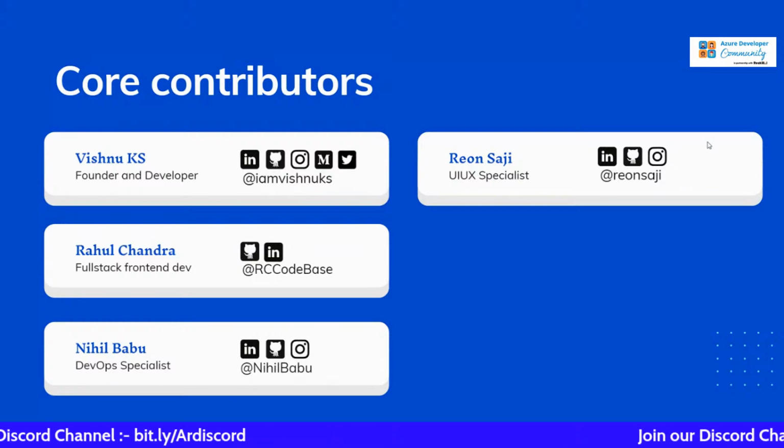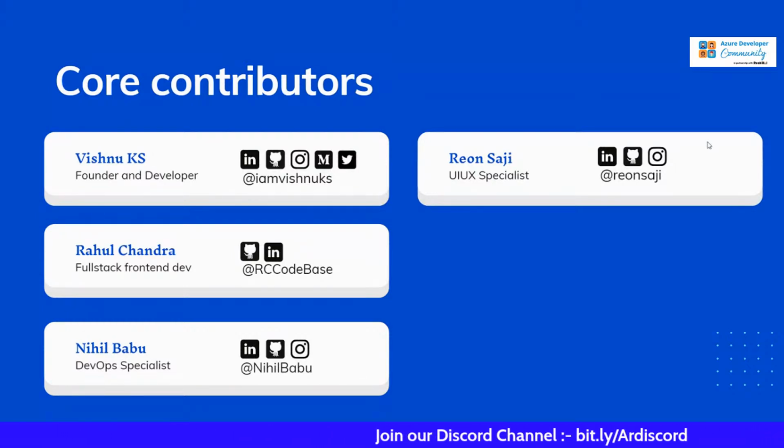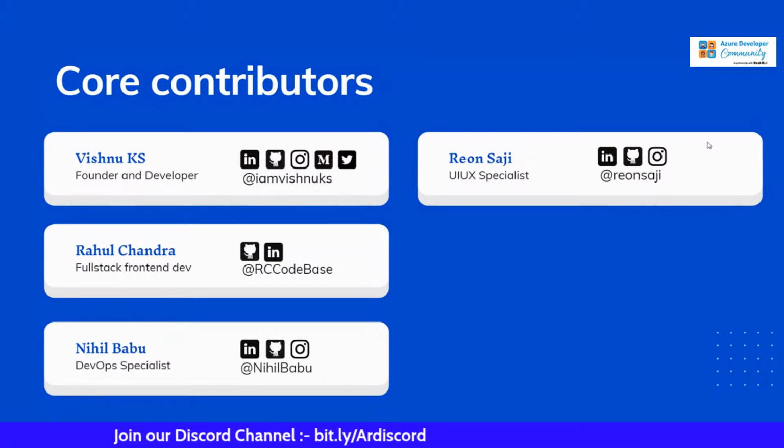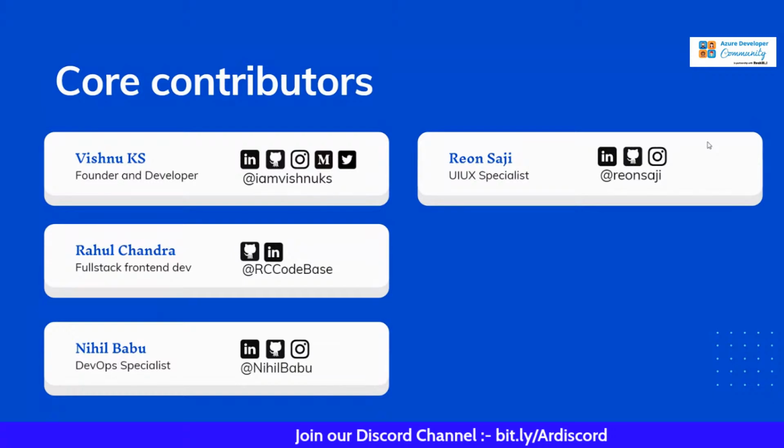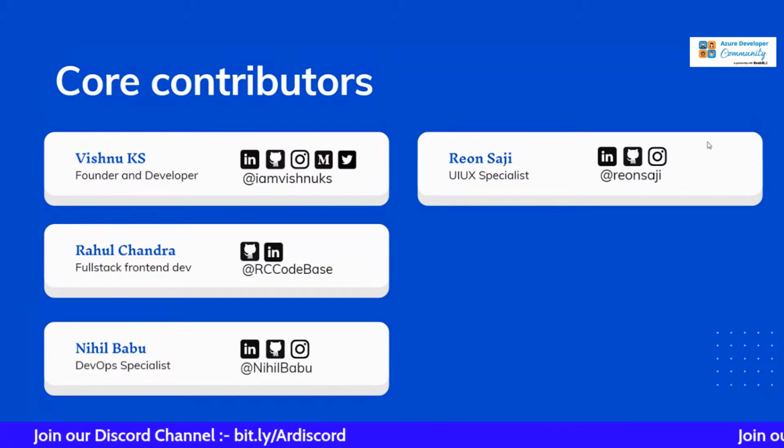And Rion is continuously improving the UI UX of this application. I really would like to thank all of these members who are working with me to make this product reach this level.